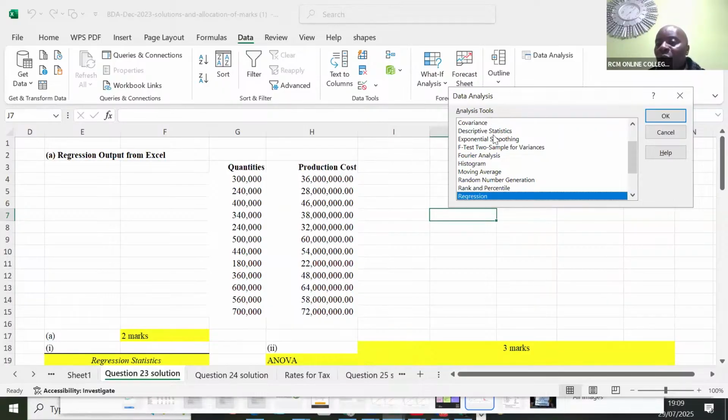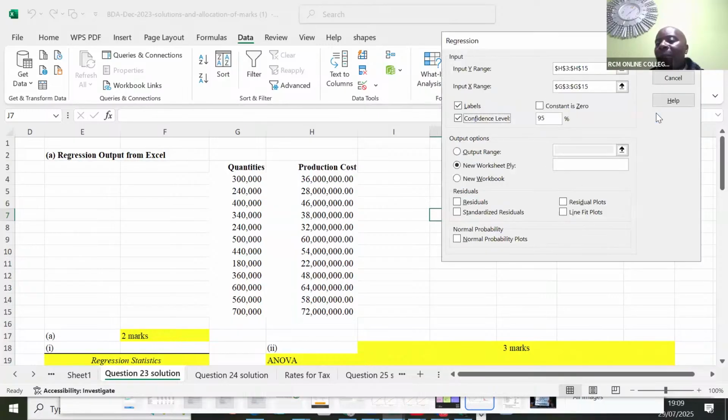It has so many tools to get covariance, descriptive statistics, exponential smoothing. In this case, roll until you get regression. You click on regression, and then say okay.